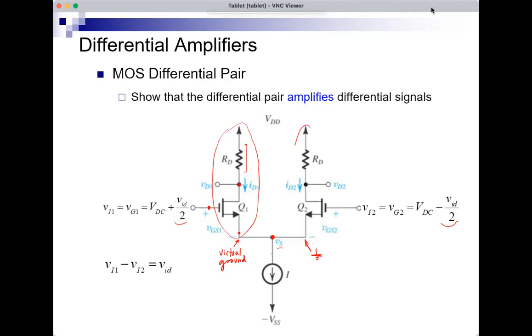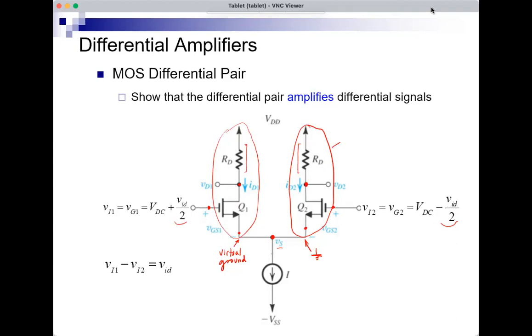If we look at this part of the circuit, I have the exact same thing. The circuit is symmetrical. So here I also have a MOSFET with input at gate, source grounded, output taken from the drain, and the resistor RD between the drain and the supply.